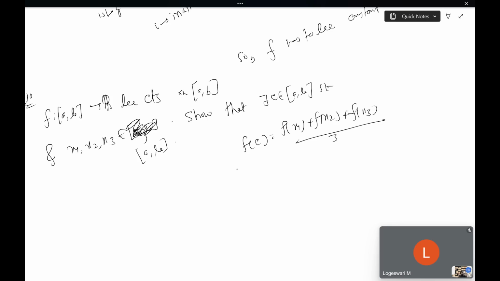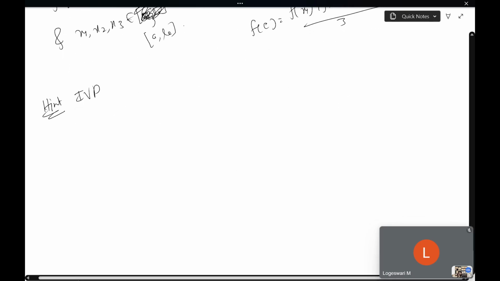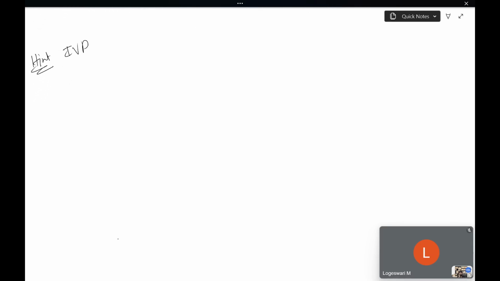So this can be done using the intermediate value property. So how?